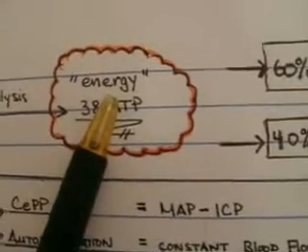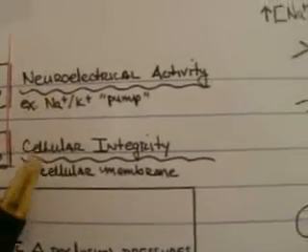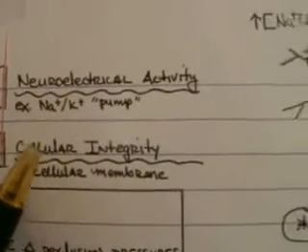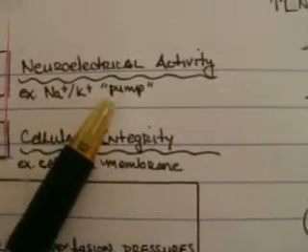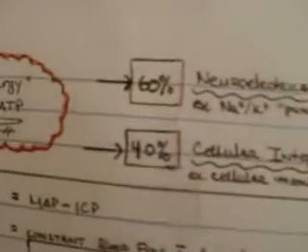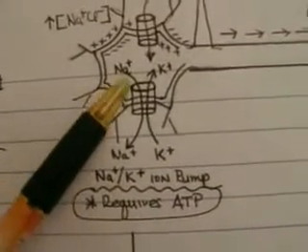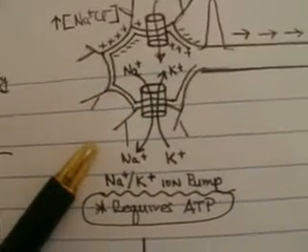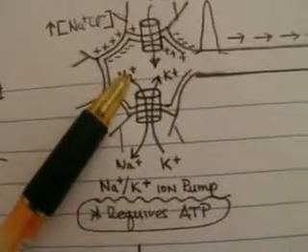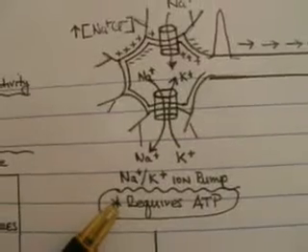That energy is used for the neuroelectrical activity and maintaining cellular integrity. For the neuroelectrical activity, we can focus on the sodium-potassium pumps. Out of that ATP, it's going to be used to pump sodium against its concentration gradient, since there's a higher concentration of sodium outside the cell, and pumping that sodium out requires energy, and that energy is ATP.